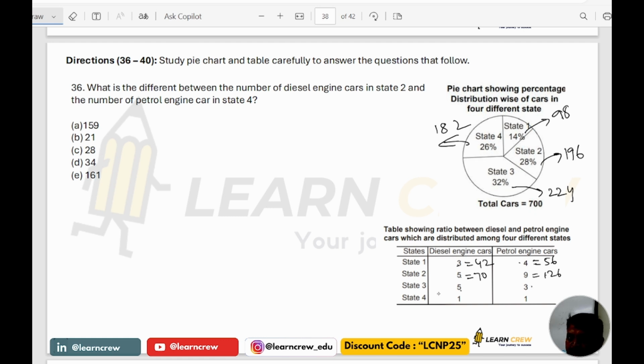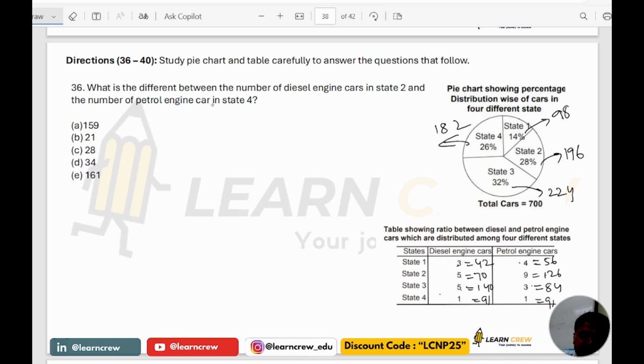Now, 8 parts 224, each part 28, 5 parts 140, 3 parts 84. Now here 182 means 91. This is the overall segregation we have done.